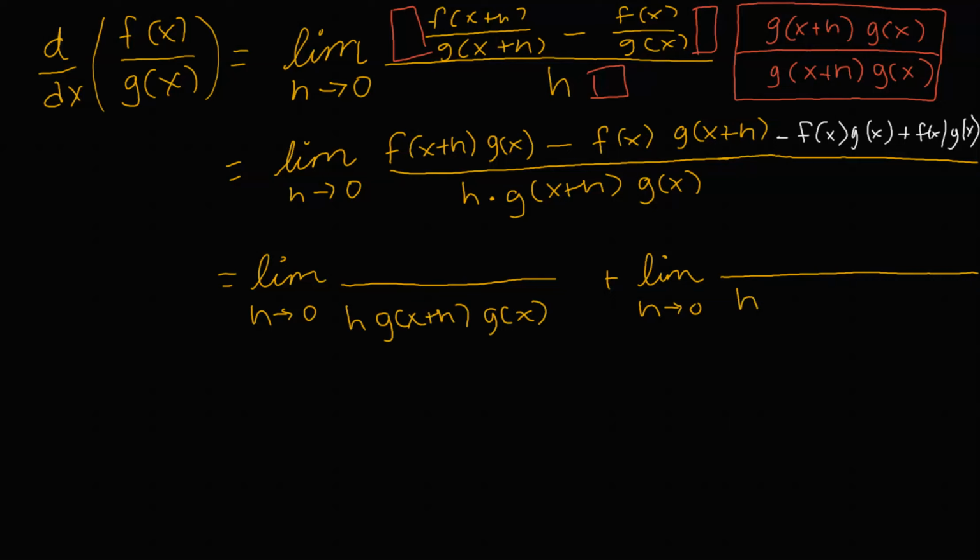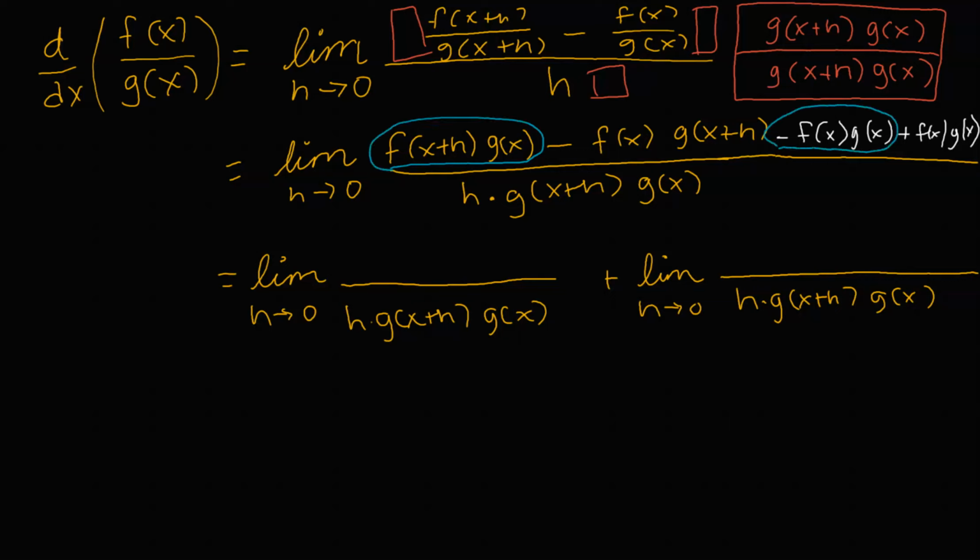So that would be h, g of x plus h times g of x. Okay, and then on the numerator, I am going to group this first term here with the third term here.